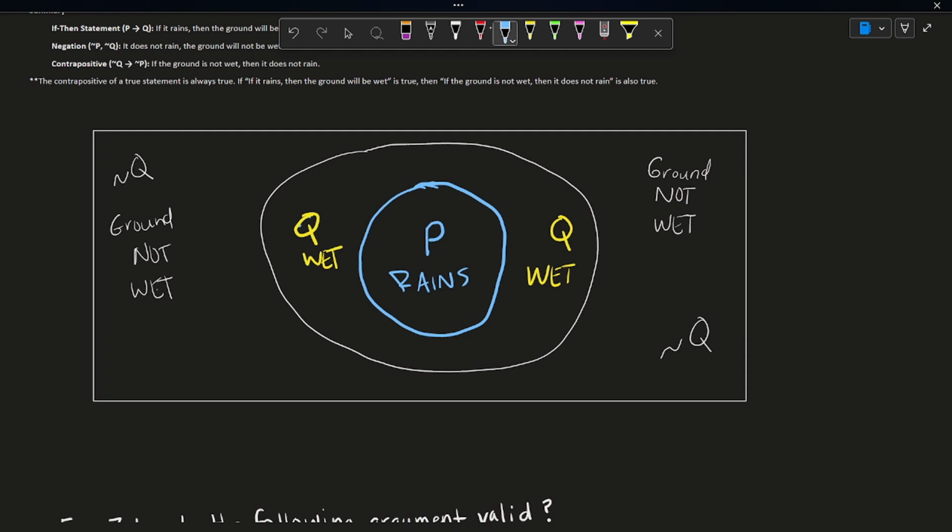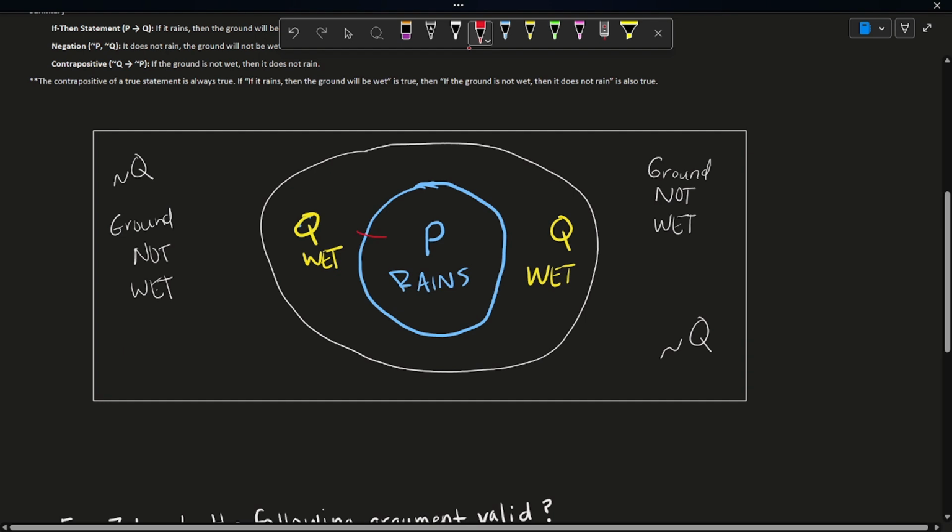If it does not rain, it will not be wet. And you can see your little arrows here, I guess, if you want. If P, then Q, we'll just reverse the arrow. And then if the ground is wet, then it rained. Same thing, right?